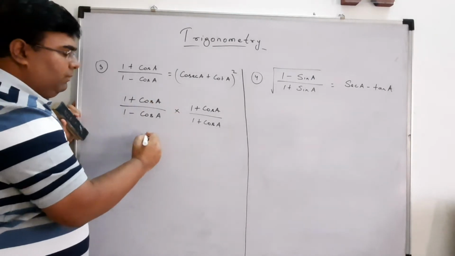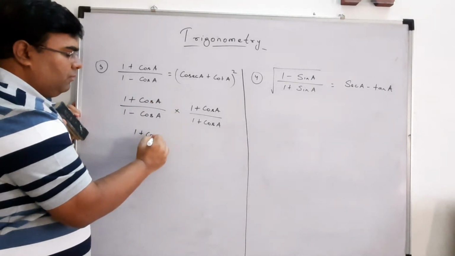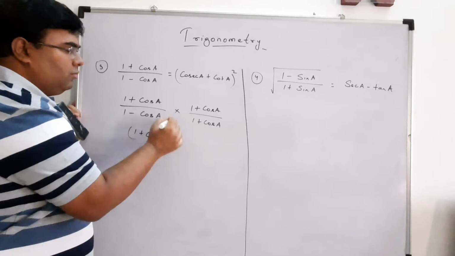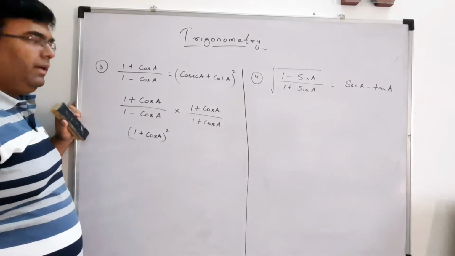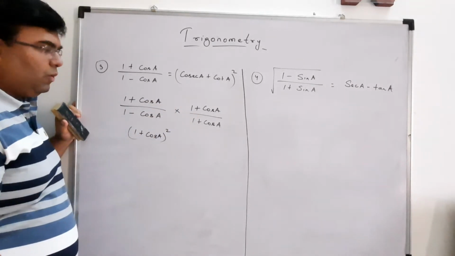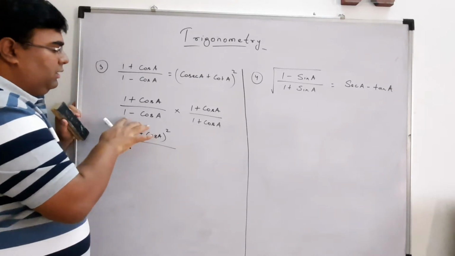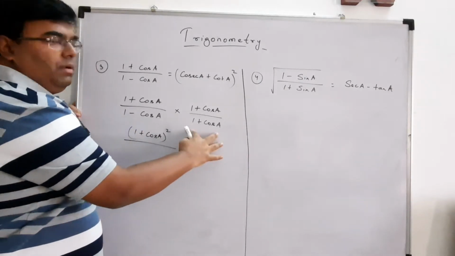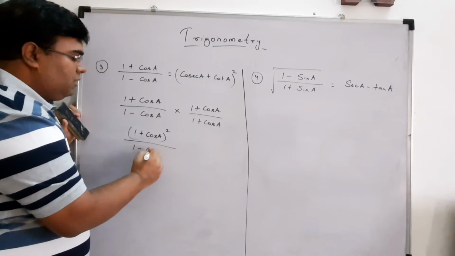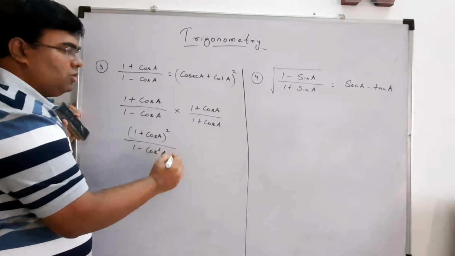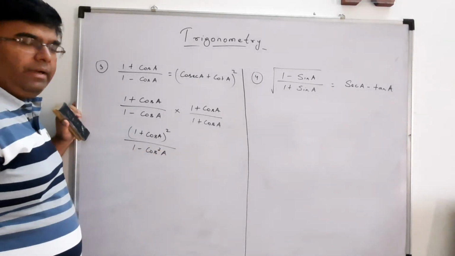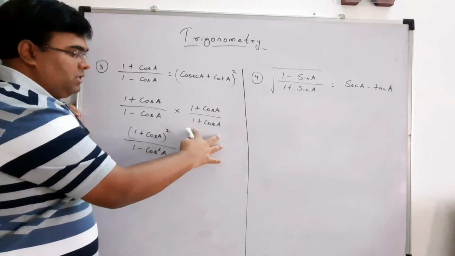The numerator will become 1 plus cos A the whole square, so the numerator has a square now. The denominator, 1 minus cos A into 1 plus cos A, will become 1 minus cos square A, by using the identity A minus B, A plus B.